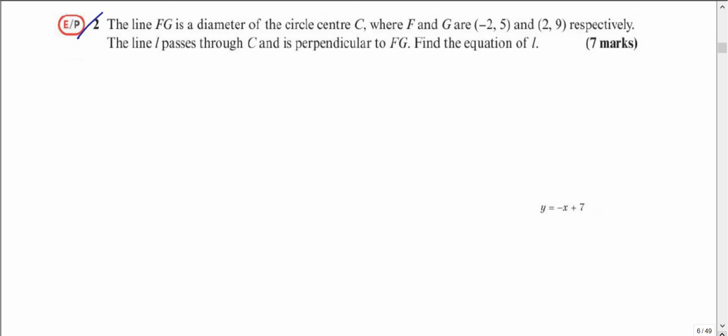Here the question is saying line FG is the diameter of the circle with center C. Let's do it roughly.